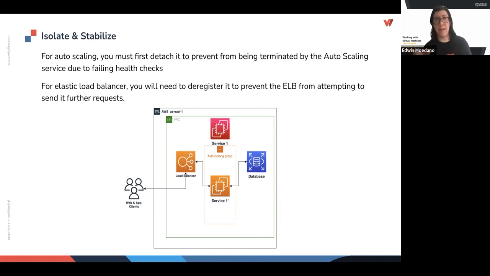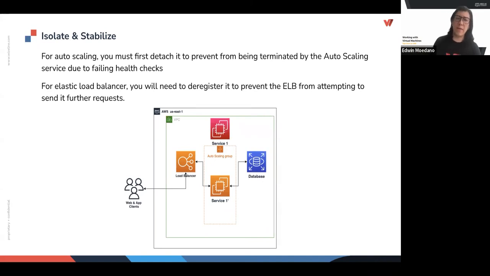If we start seeing 100 percent errors in our requests, maybe the autoscaling group is going to terminate that instance and we're going to lose data. Or the most important thing about the isolation is to perform forensic analysis about what is going on with that instance, maybe a root cause analysis of what triggered this high load at the beginning.